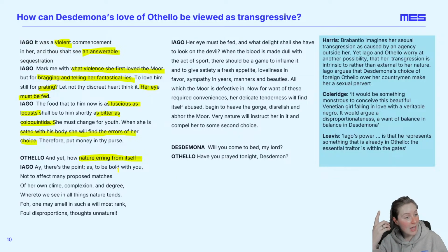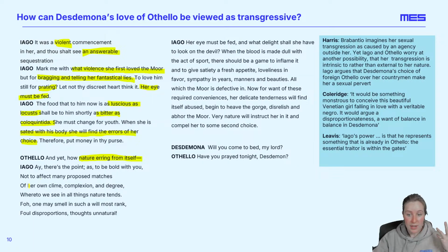And then we hear Othello saying this. So the language he has taken from the Venetians. Yet nature erring. So essentially, she went against what would be natural for her to do in marrying me. So different from what he said before. I loved her, she loved me. That was the only witchcraft I used. And Iago repeats this.